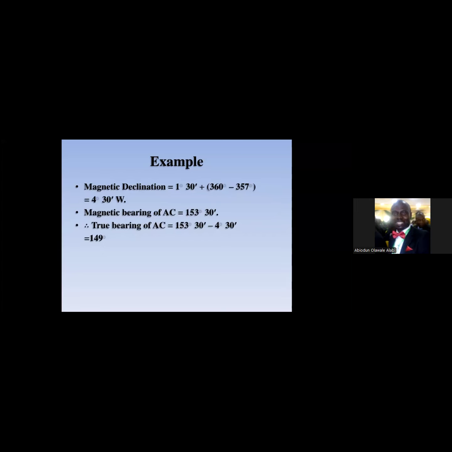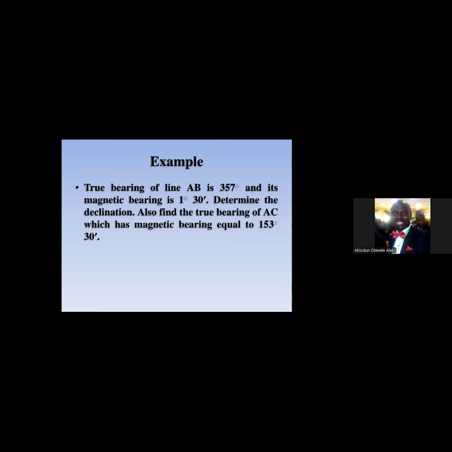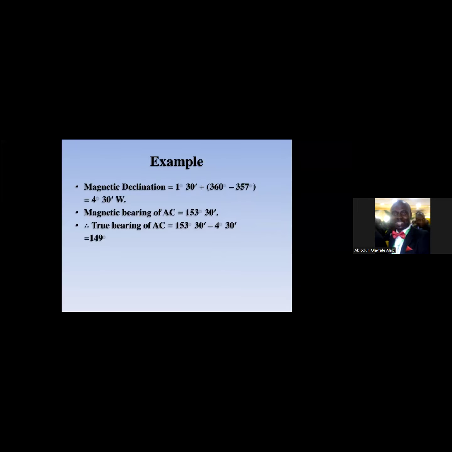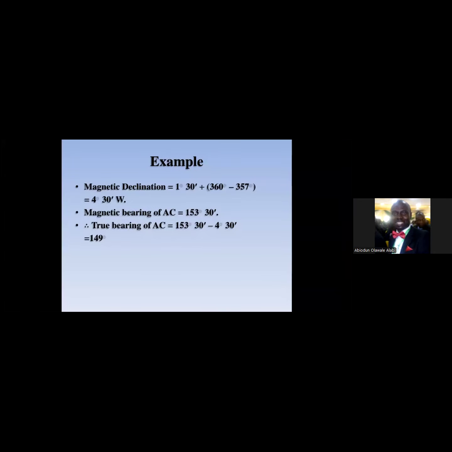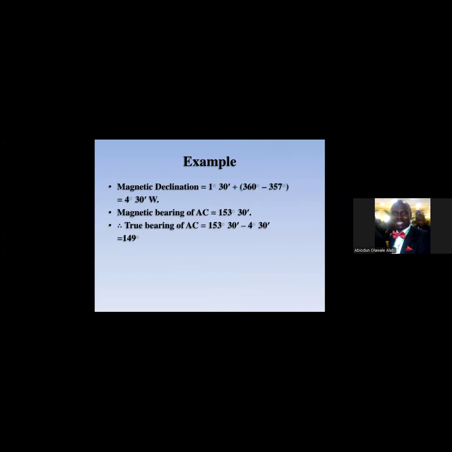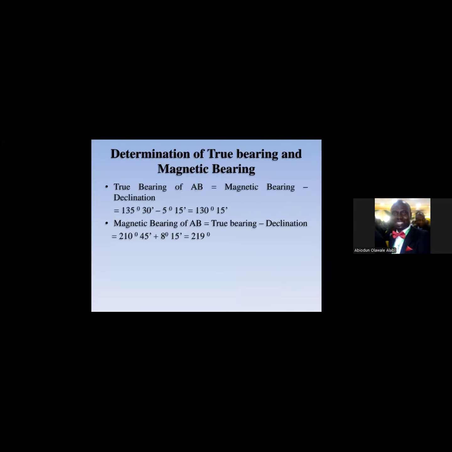Once we do that, we then add it to the magnetic bearing, which is how we obtain our magnetic declination. But I think there should be... let's go back to the diagram.